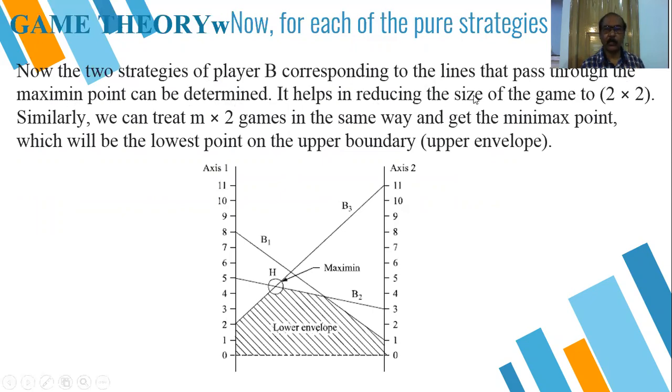It helps in reducing the size of the game to 2 cross 2. See, we are plotting this, and this is our lower envelope. The lower envelope is bounded by these two lines, this line and this line. These are the values of the payoff matrix. This is corresponding to strategy 2. This is corresponding to strategy 1.